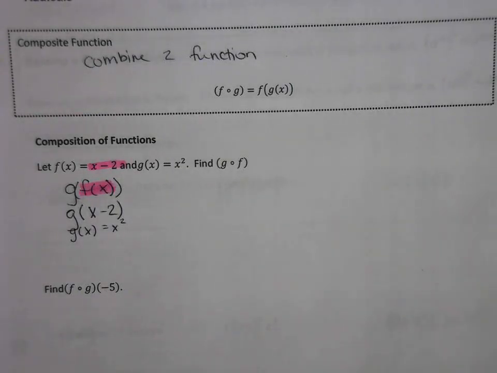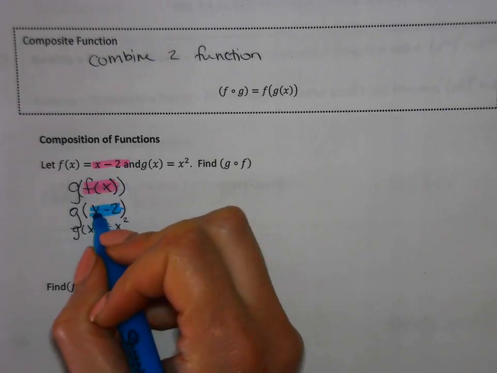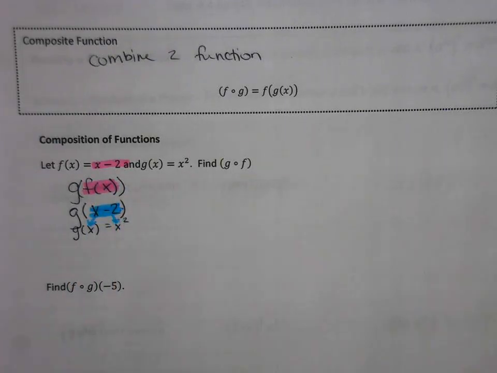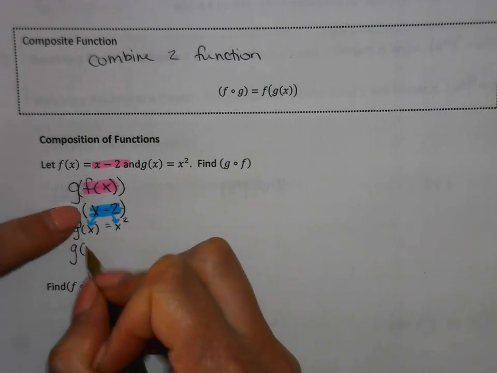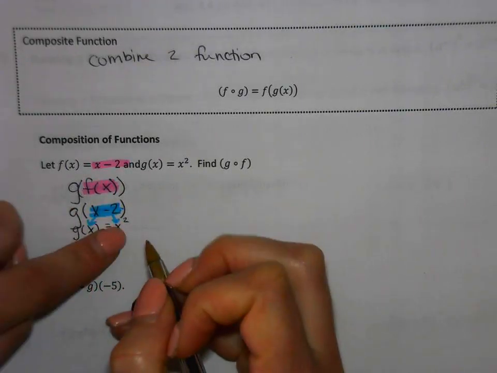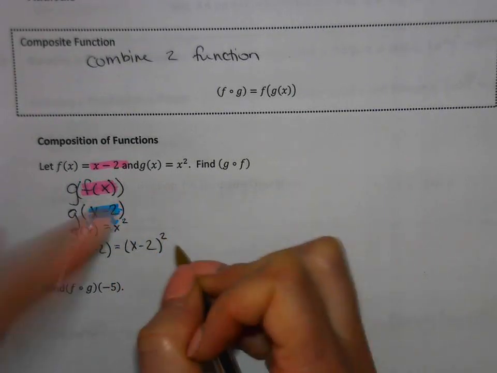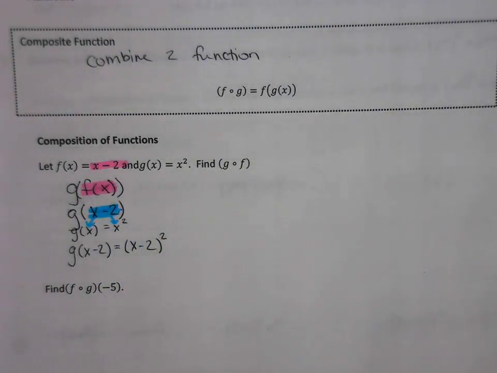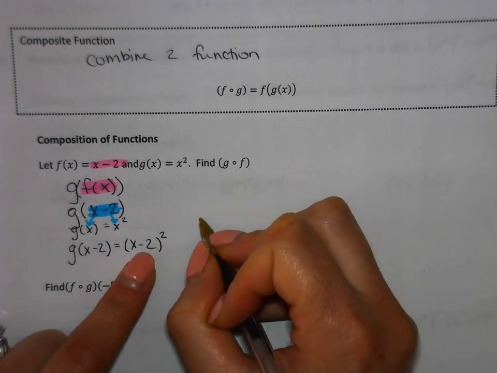So we take and replace our x with the x minus 2. So now it turns into the function of g of x minus 2 equals, and we replace our x with x minus 2, and we square it. So then lastly, to finish solving this, we need to do the square of x minus 2.